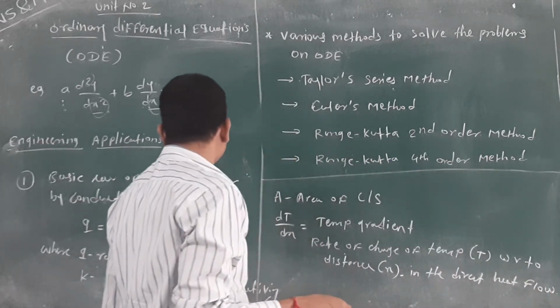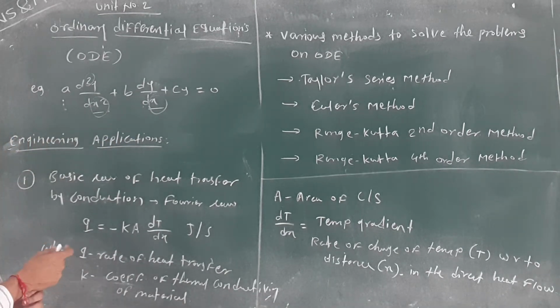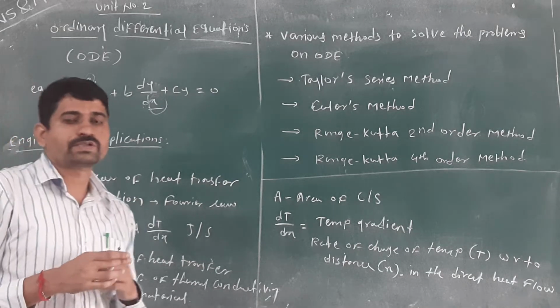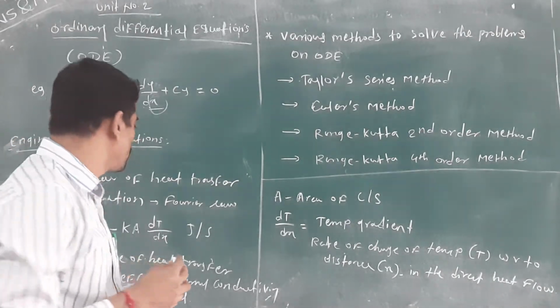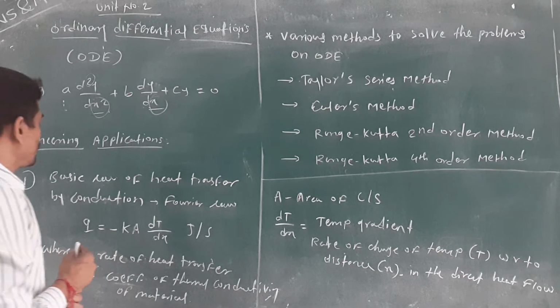You have seen conduction. This is one of the applications of the ordinary differential equation. You know the basic law of heat transfer by conduction, the Fourier law: Q is equal to minus k A dT by dx.